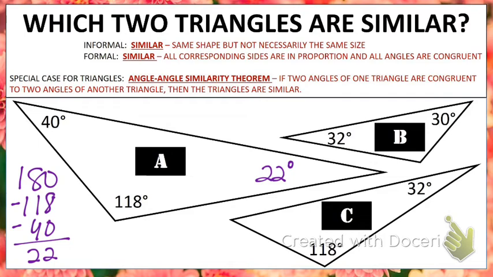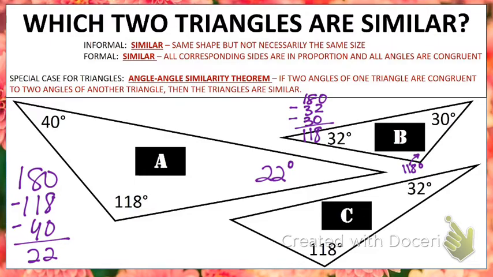So this missing angle here is 22 degrees, and that tells us a lot about our answer already. But we're going to keep going to triangle B. For triangle B, we'll take 180 degrees and subtract off the 32 degrees and the 30 degrees, and that will leave us with 118 degrees. So this missing angle here is 118 degrees.